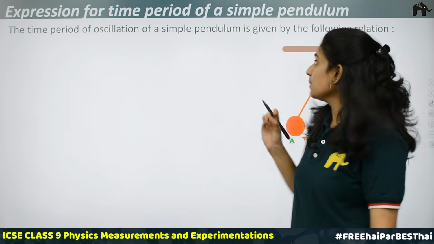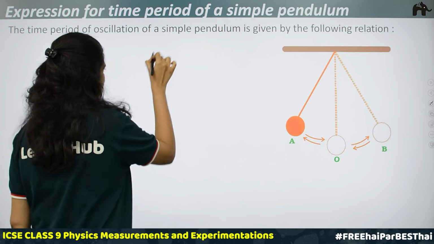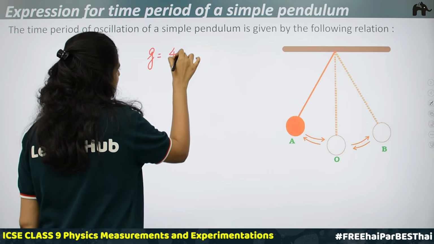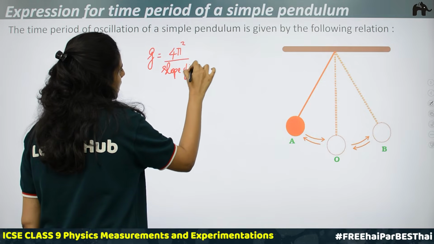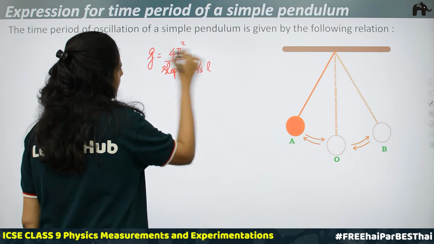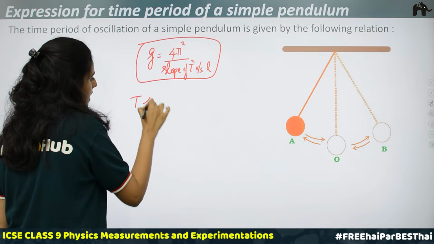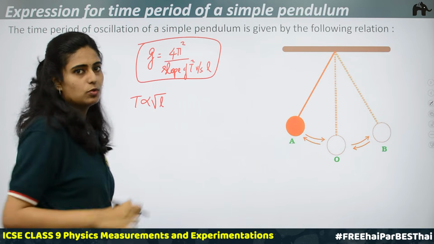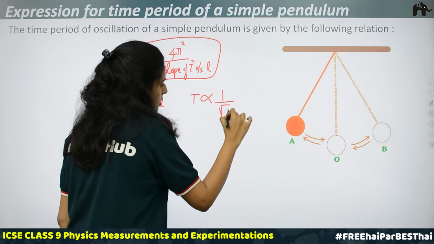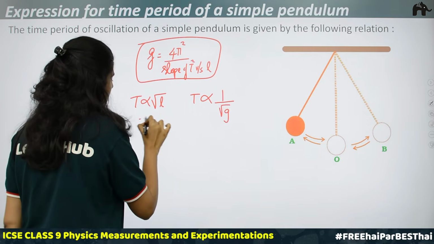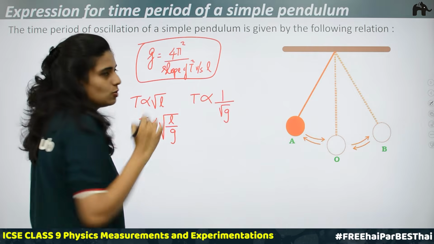Next, what is the expression for time period of a simple pendulum? We have got a relation g is equal to 4 pi square divided by the slope of the T square versus L graph. Also, we have said that time period is proportional to root L and time period is inversely proportional to root g. So, this can be written as T proportional to root of L divided by g. I am combining these 2 equations.